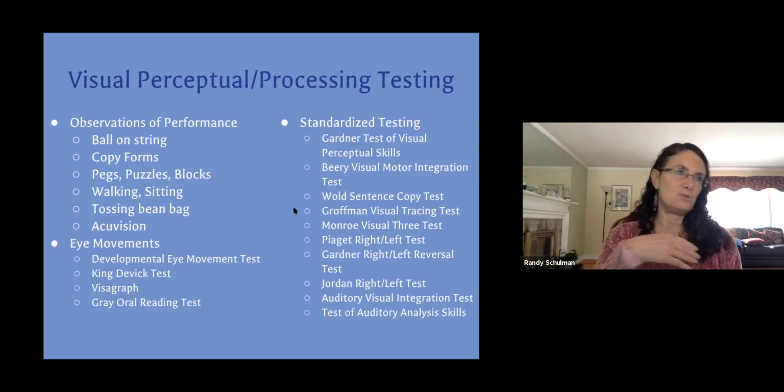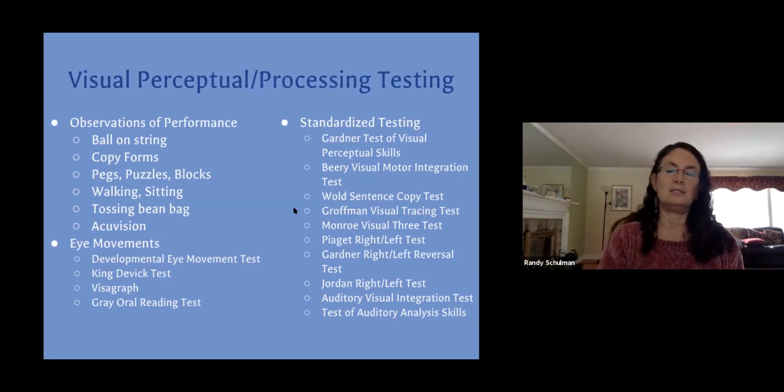Very often I'll have them just walk and then sit and then walk and sit or toss a beanbag back and forth to them, just by actually observing performance, how they're moving, how they're engaging. Sometimes I'll just repeat the stereo test and you'll see a huge improvement just from lenses and prisms.